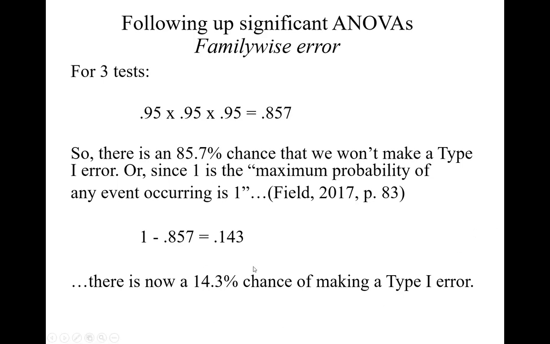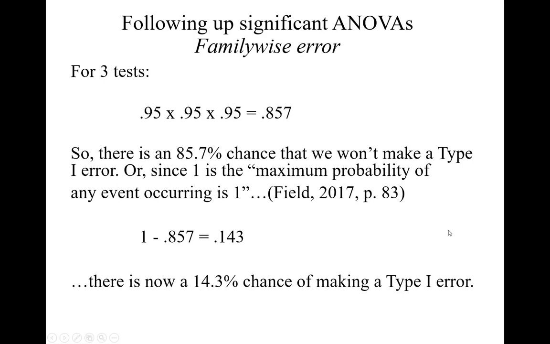But again, take-home message here, we don't have to make these calculations ever, but we do need to be aware that the more t-tests or analyses that we run, unless we're making adjustments for them, we're going to have to adjust our expectations based on the percentage of making a type 1 error.